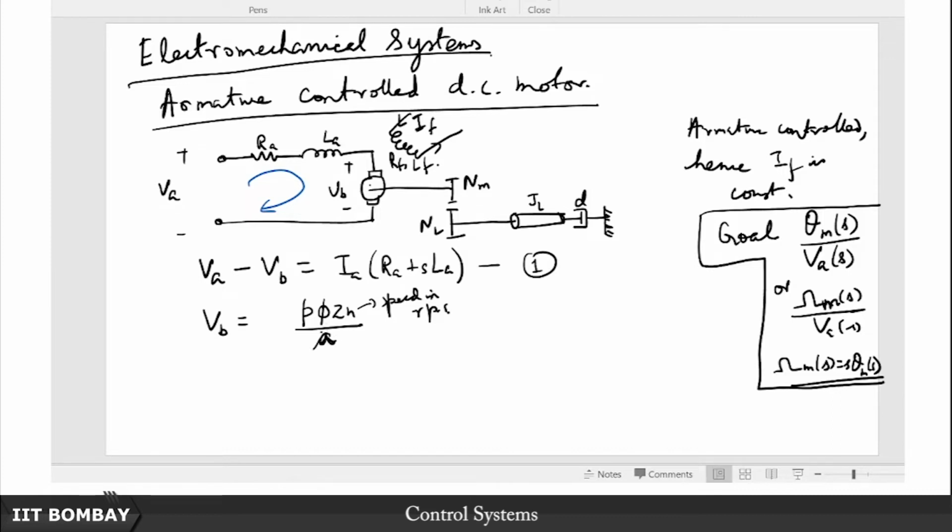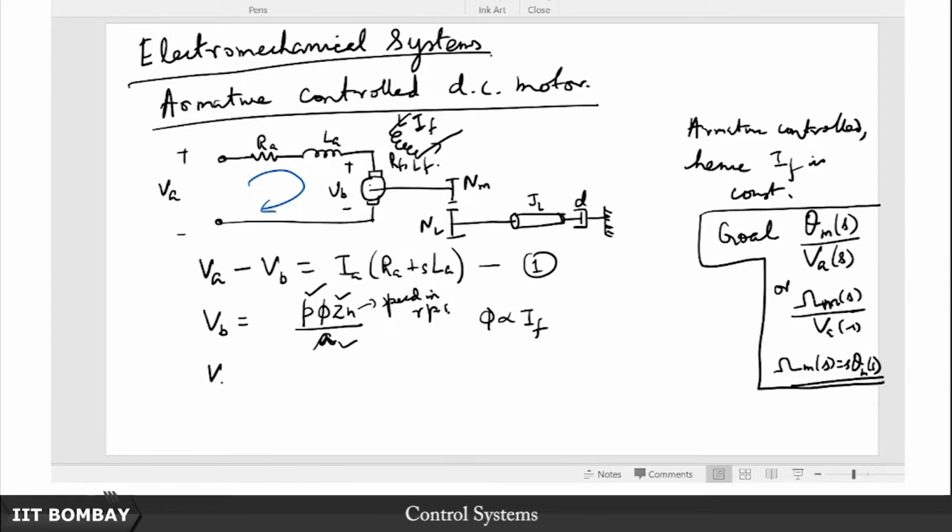So the take home message here is, look, this phi, this flux is proportional to IF, but we've already said in the previous lecture that this is not a field controlled motor, this is an armature controlled motor, so the field current is held at a constant. So therefore this phi is a constant. You can clearly see that the P, the Z and the A, these are also physical constants, yeah. So all that varies here is basically the speed.